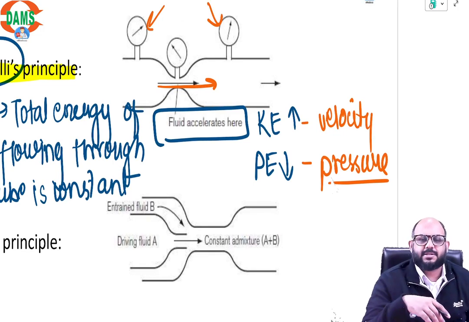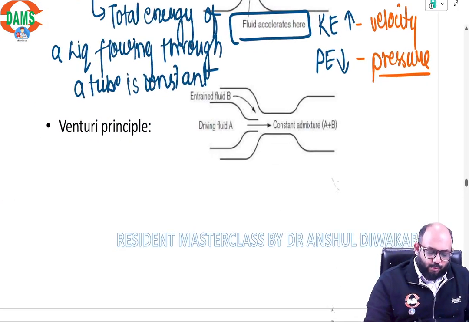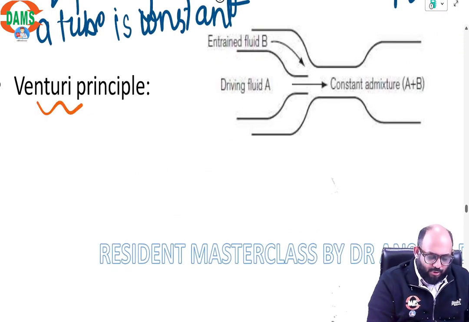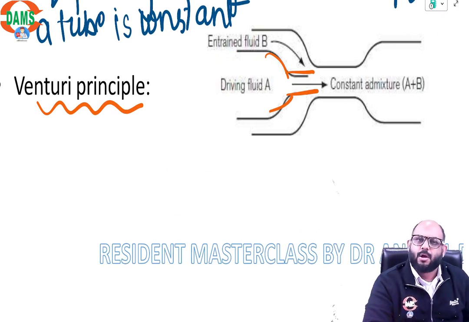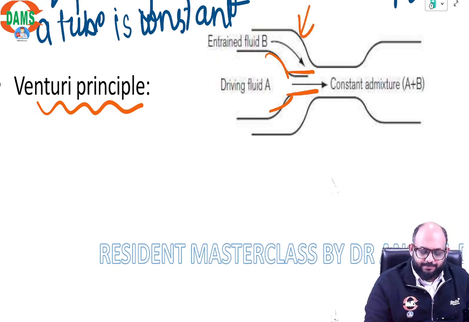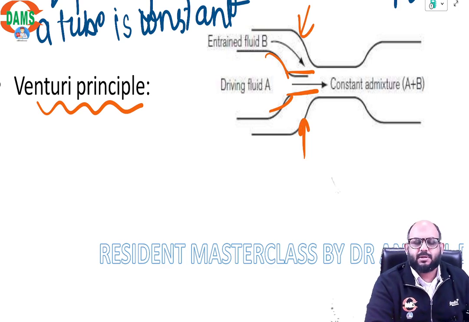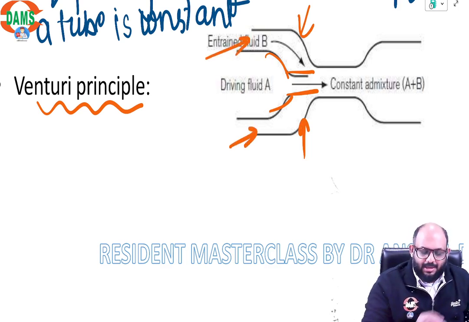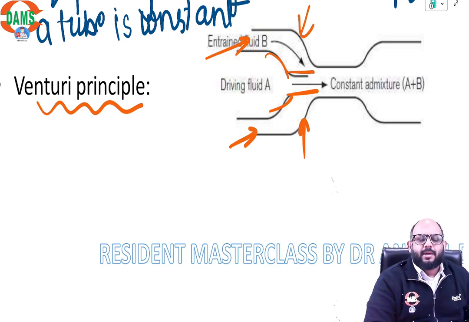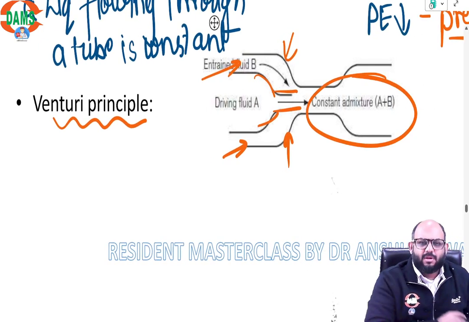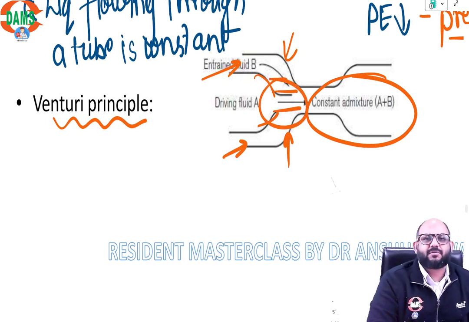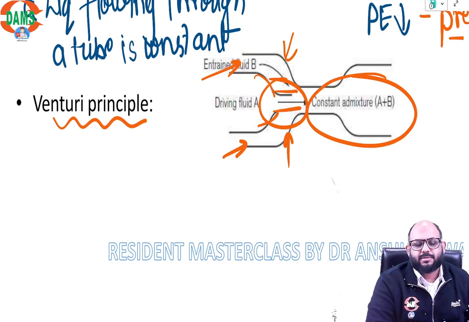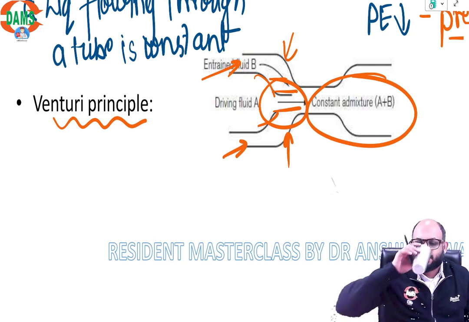This principle is used to create an effect called the Venturi effect, where a constriction in the path of a flow of a liquid, or here a gas, creates a negative pressure on the walls surrounding, from which you can entrain another fluid. This entrained fluid will always be constant because it depends on the constriction, because the constriction will decide the velocity of the fluid. Understood?